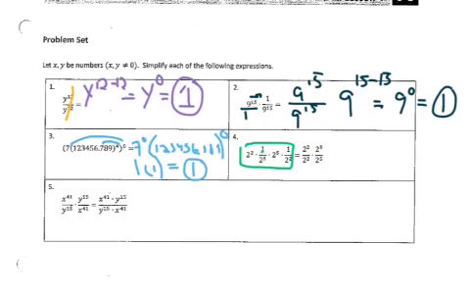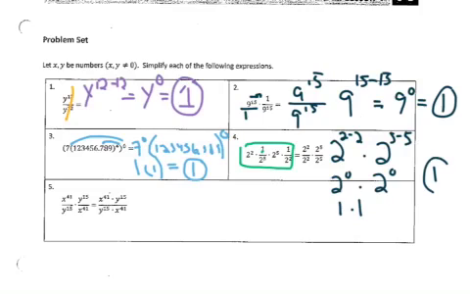One way would be to divide. So I have 2 to the 2 minus 2 power times 2 to the 5 minus 5 power. Remember, 2 minus 2 is 0, so I would have 2 to the 0 times 5 minus 5 is 0, 2 to the 0. Like I said, anything to the 0 power is 1, so this is like 1 times 1 with a final answer of 1.